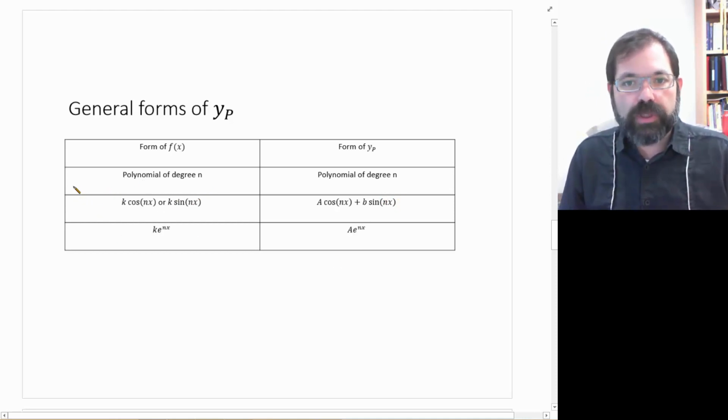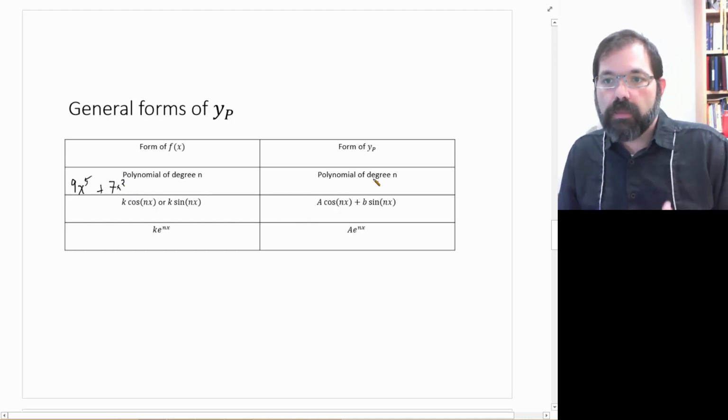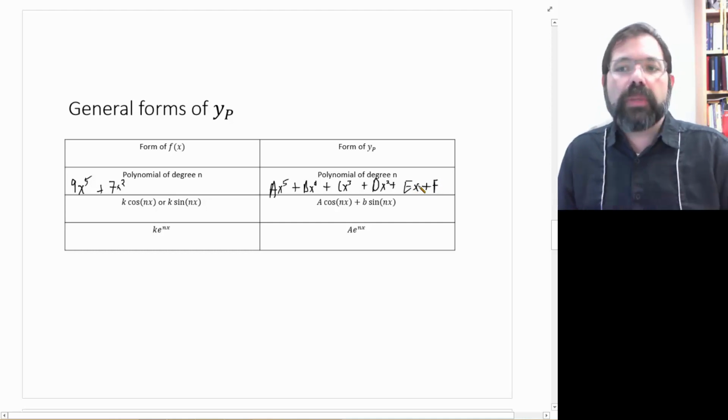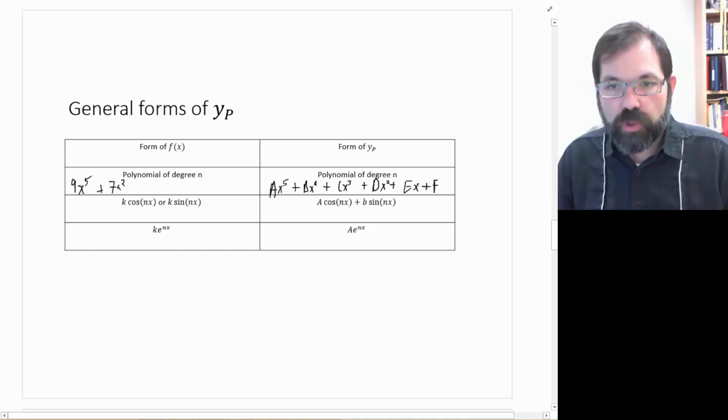So if my f of x was, say, 9x to the 5th plus 7x squared, let's just say something like that, then my form of y sub p would be ax to the 5th plus bx to the 4th plus cx cubed plus dx squared plus ex plus f. Or something else similar, using whatever letters you want.